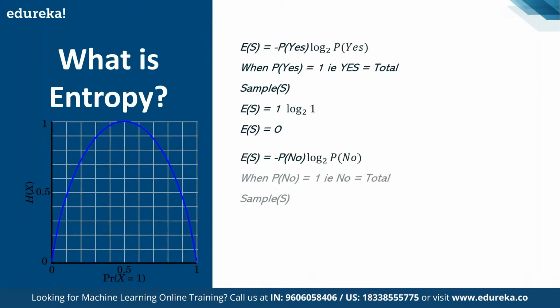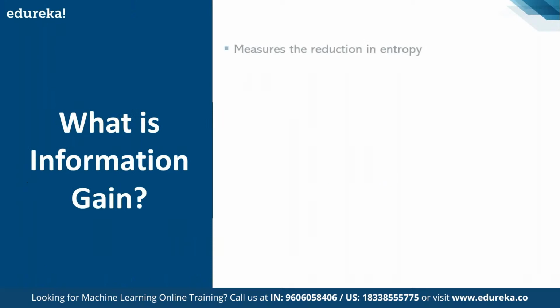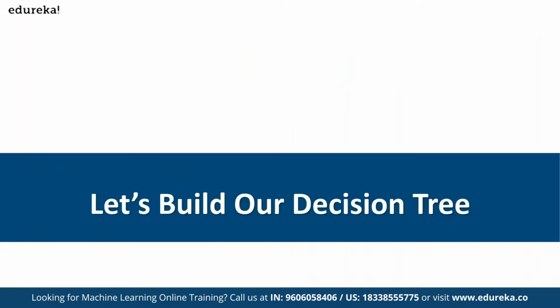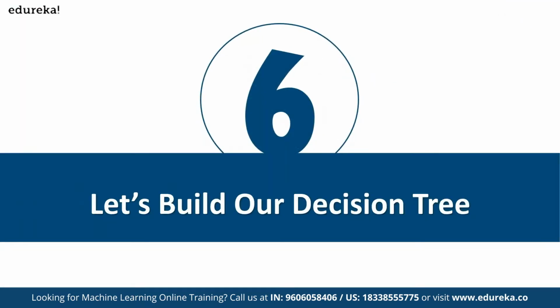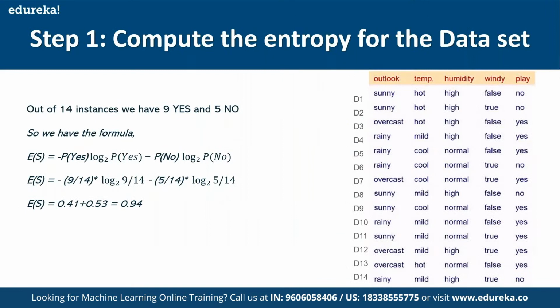Let me show you how we will build the decision tree in our case. Here we have 14 instances, or 14 rows, of the data set, where 9 times I will play the match and 5 times I will not play the match. So there are 9 labels where I'm playing the match and 5 labels where I'm not playing the match.